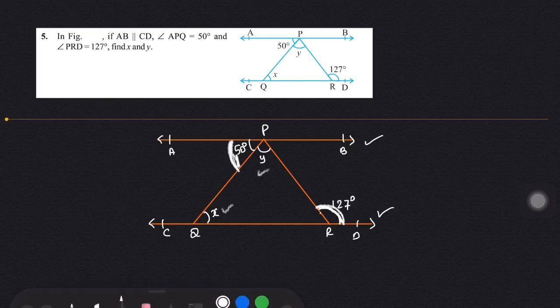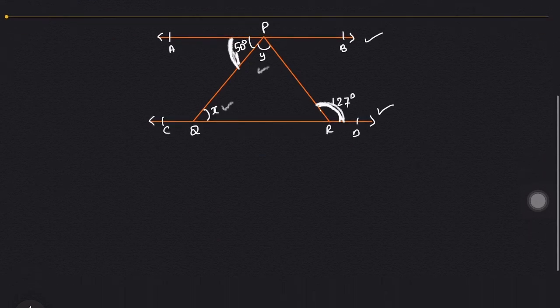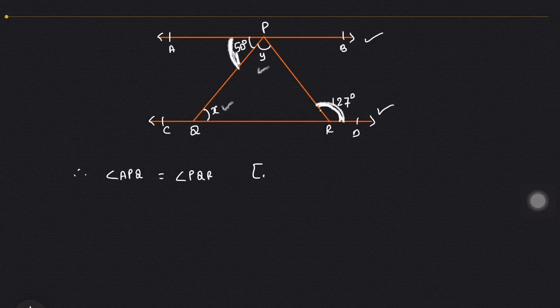Just compare. If two lines are parallel, it means the alternate angles are also equal. So consider angle APQ is equal to angle PQR. The reason is both are alternate angles.